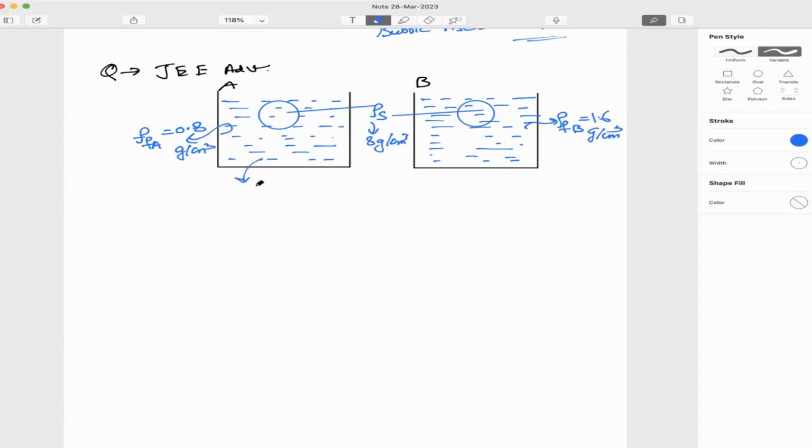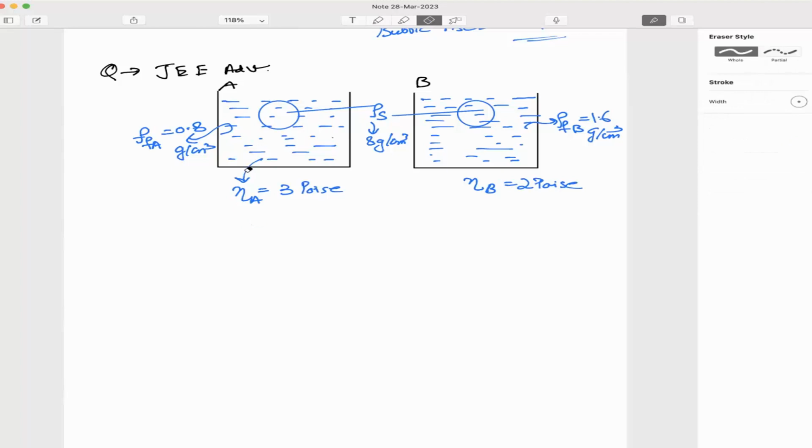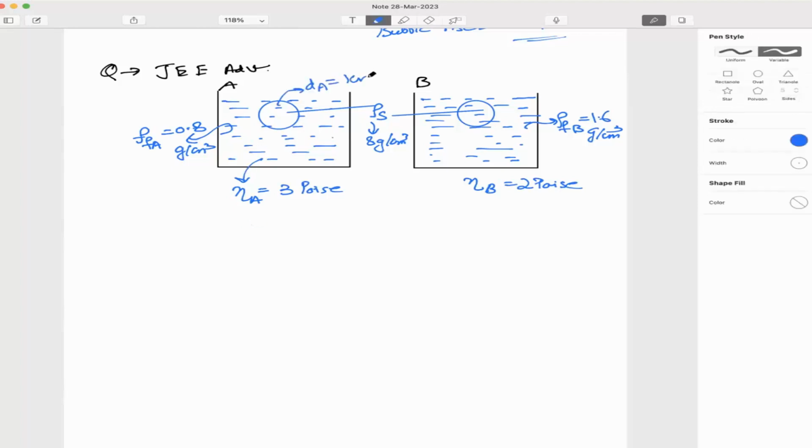Viscosity of this fluid, eta here is 3, eta here is 2, 3 poise and 2 poise. That is very highly viscous fluids. Diameter of the sphere here is 1 centimeter, here it is 0.5 centimeter.